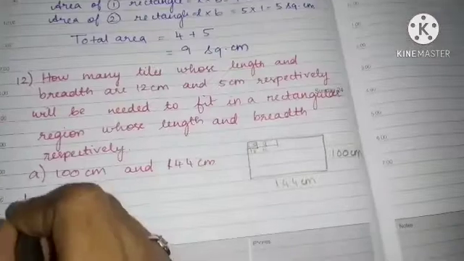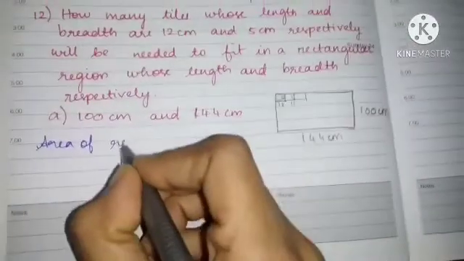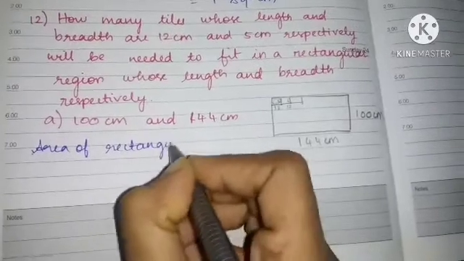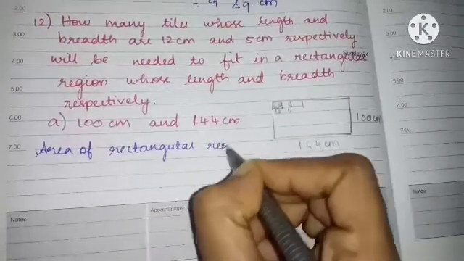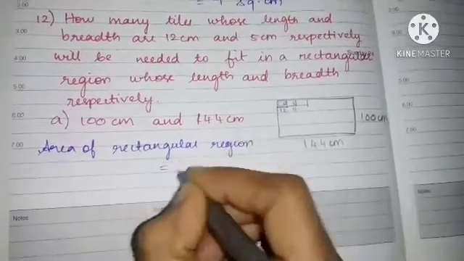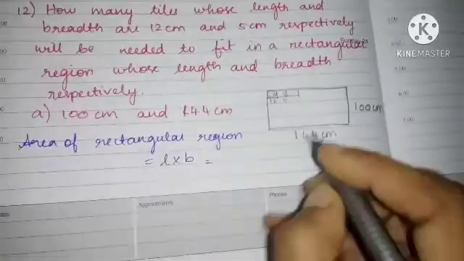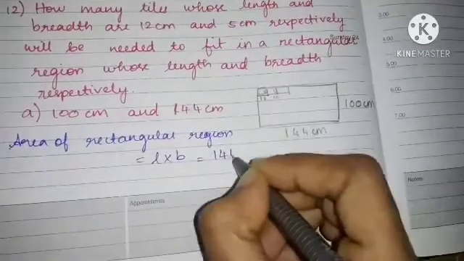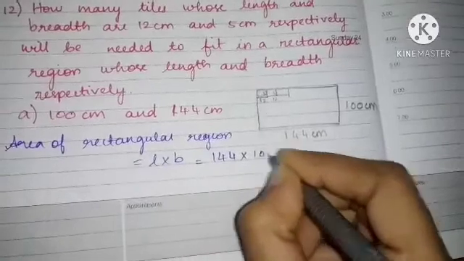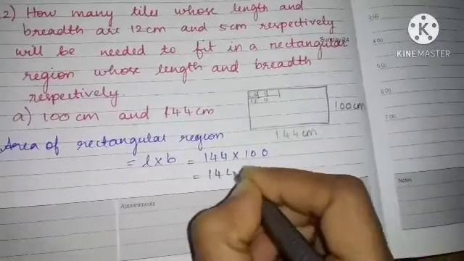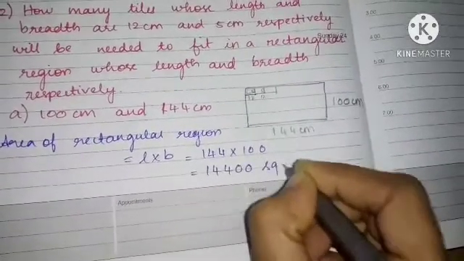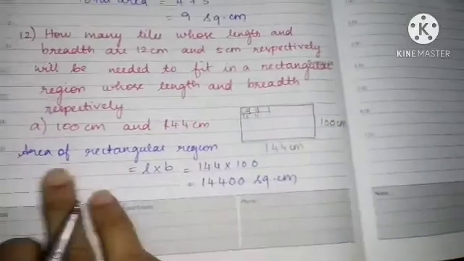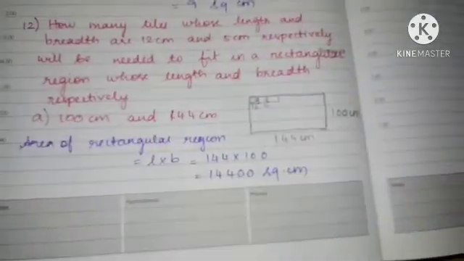First, area of rectangular region. Area of rectangular region is equal to length into breadth. What is length here? 144. What is breadth here? 100. So 14400 square centimeter is the area of the rectangular region.